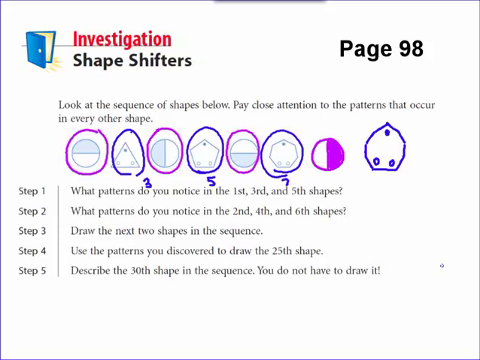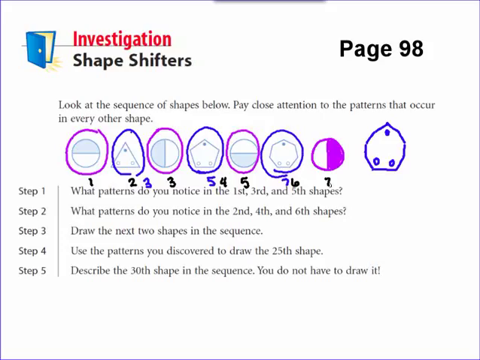Use the patterns you discovered to draw the 25th shape. So the 25th shape, let's think about that. Here's the first shape. Here's the second shape. Third, fourth, fifth, sixth, seventh.